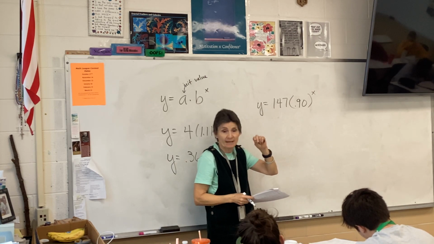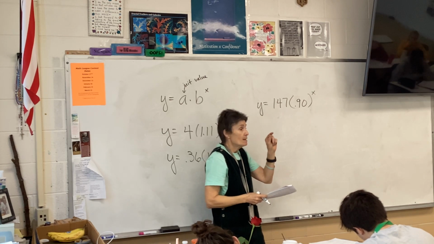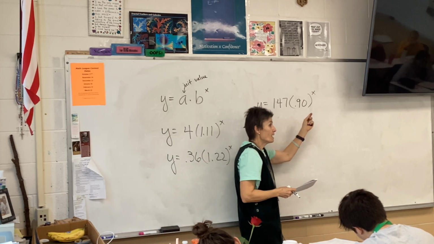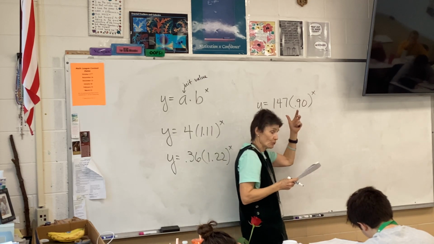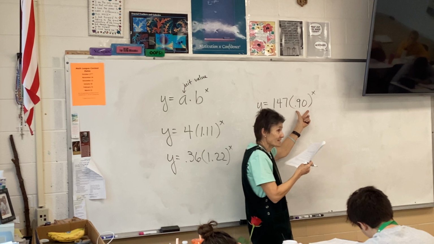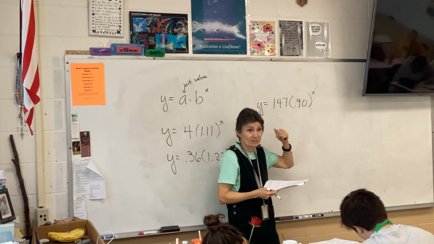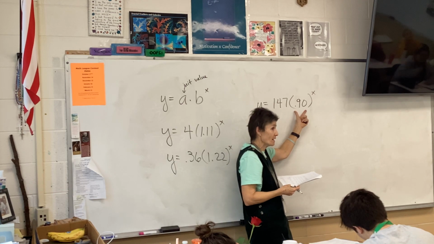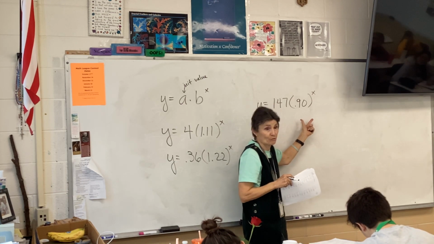It's 10% less than 1. Remember, this number tells you how much less than 1 your decay is. So if I am decaying 10%, then this has to be 0.9, because that is 10% less than 100.